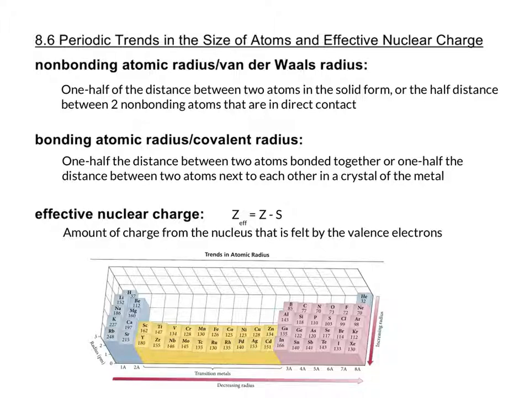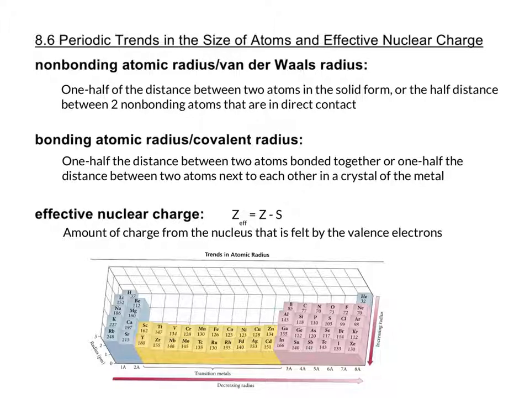And as we move across the periodic table, we're adding protons to the nucleus, and therefore increasing the nuclear charge, but we aren't changing the number of core electrons, because as you move across, we're still in the same energy level, okay?